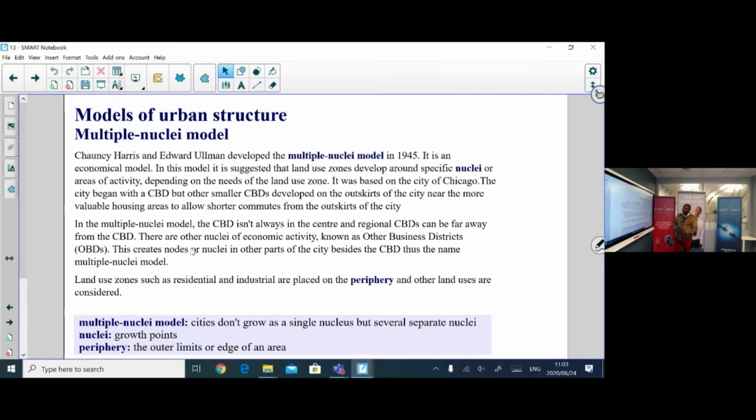It is an economic model. In this model, it is suggested that land use zones develop around specific areas of activity depending on the needs of the land use zone. It was based on the city of Chicago. The city began with a single CBD, but other smaller CBDs developed on the outskirts. So that's why it's called multi-nuclei or multiple nuclei.